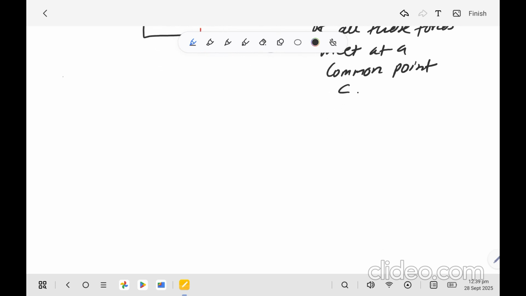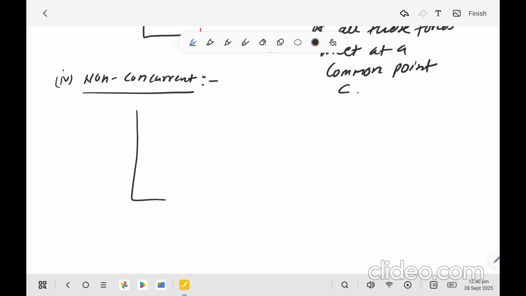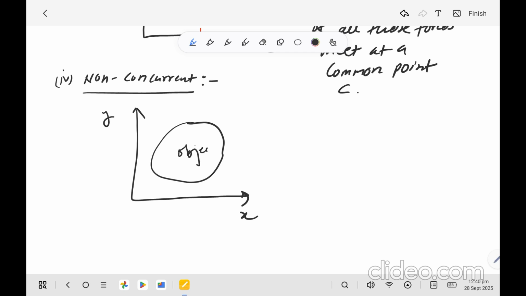Now let's discuss the fourth one, non-concurrent coplanar system of forces. To understand this concept, let's again assume the motion of an object in a 2D plane under the action of different kinds of forces.